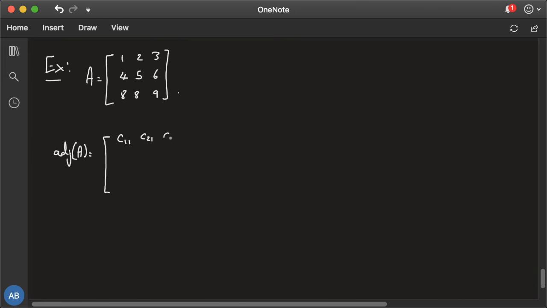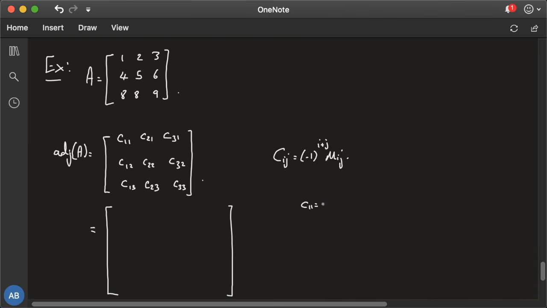Now we know that each cofactor Cij is minus 1 to the power i plus j times Mij, where Mij is the determinant of the submatrix of A obtained by eliminating the ith row and jth column. So we start with C11. C11 is minus 1 to the power 1 plus 1 multiplied by the determinant of 5, 6, 8, 9, which is 5 times 9 minus 8 times 6, that is minus 3. Minus 3 in the first entry.